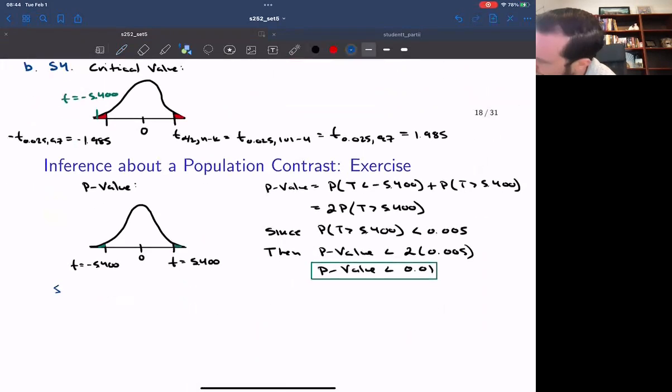Okay, so then on step 5, we would reject H0.